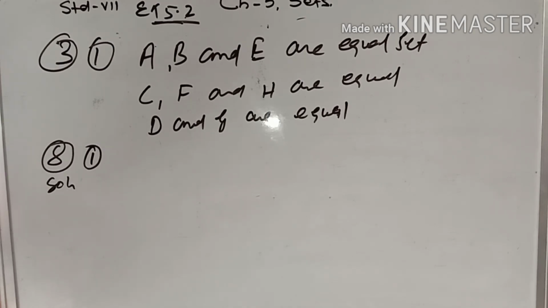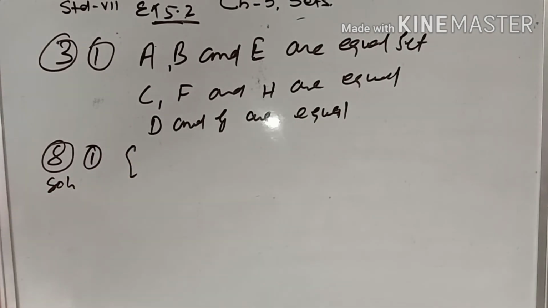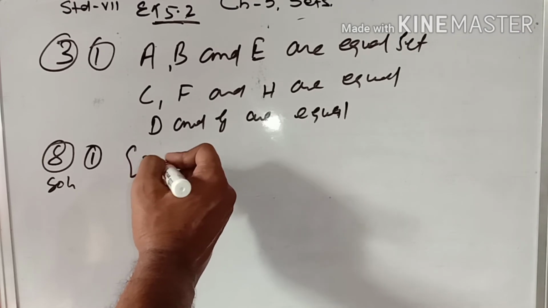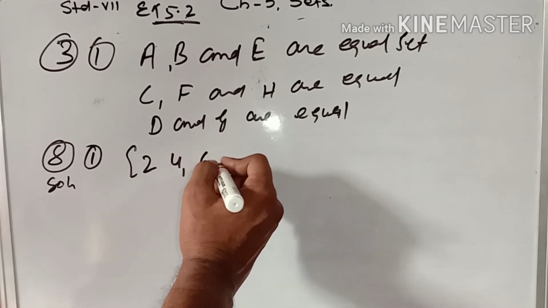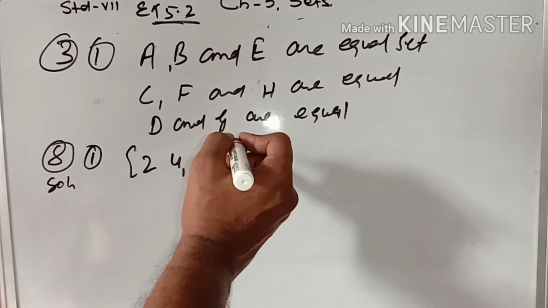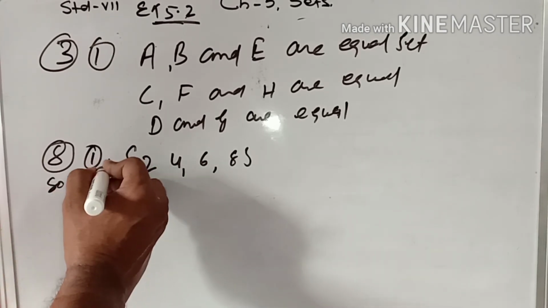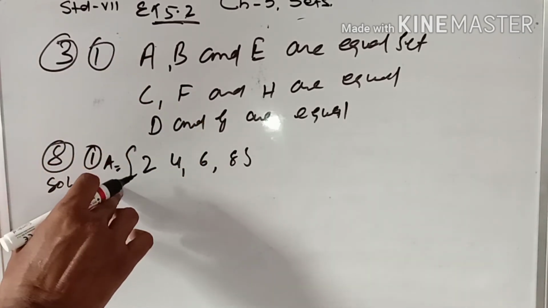N means what, n is less than 5, I can write what, so 2n equal to what, I can write what, first of all 2 into 1 2, 2 into 2 4, 2 into 3 6, 2 into 4 8. So this will be what, the universal set. So set A will what, because it is given n is less than 5, this is your what, universal set elements.